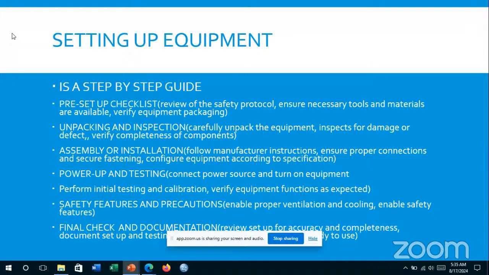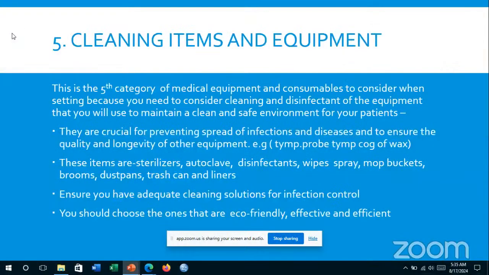Then recognize and label individual parts as shown on the checklist. You verify completeness of components, then follow the assembly instructions.